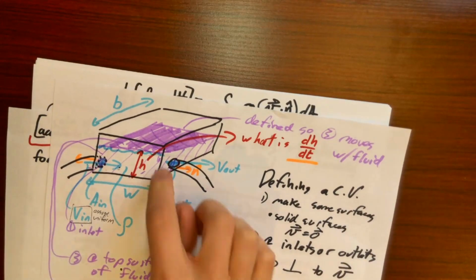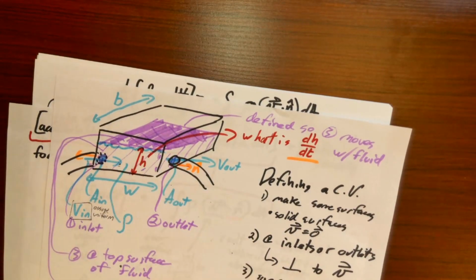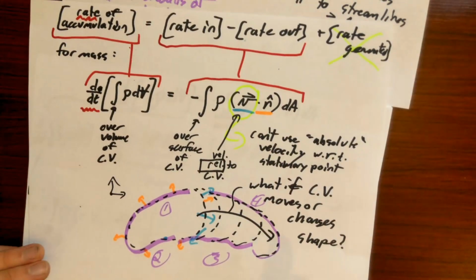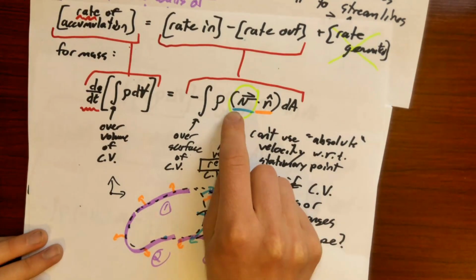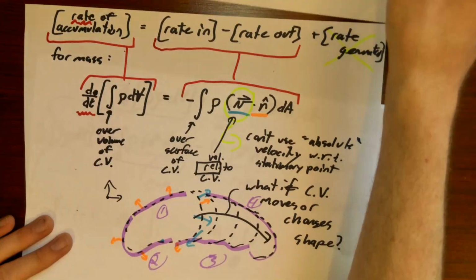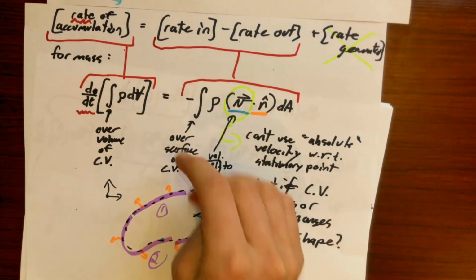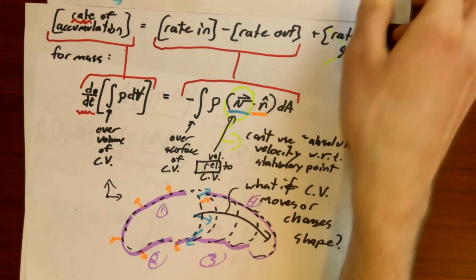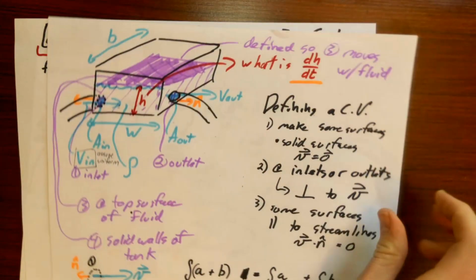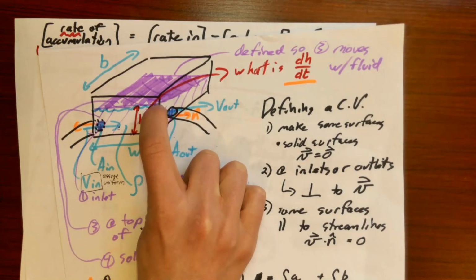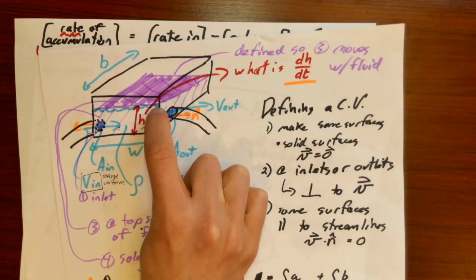So we need to consider what's going on with any relative velocities. If it's moving with the fluid, there's no relative velocity of the surface and the fluid, and if there's no relative velocity between our control surface and our fluid, then the relative velocity of the fluid is 0 with respect to the surface.